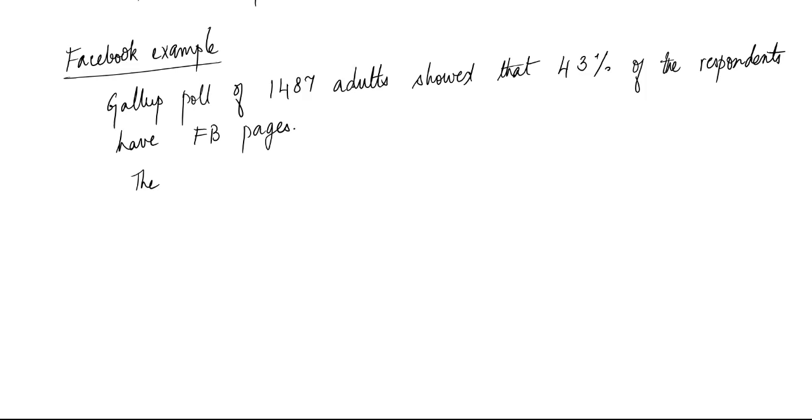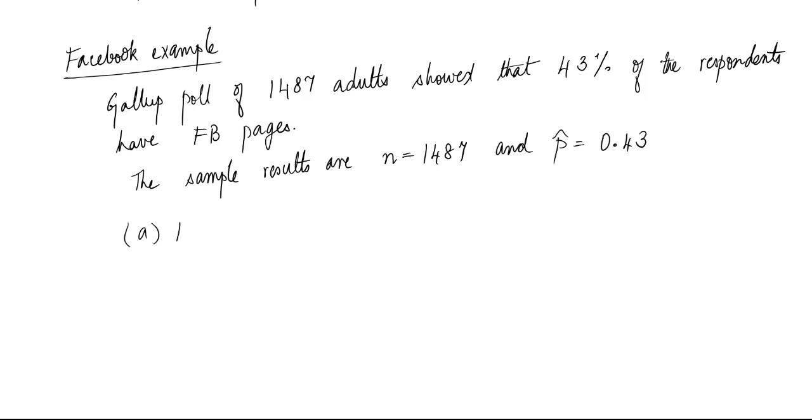So the sample results are n equals 1487, all the people who were sampled, and p hat is 0.43. They gave us 43%, so p hat is 0.43. The question says, find the margin of error, E, that corresponds to a 95% confidence interval.